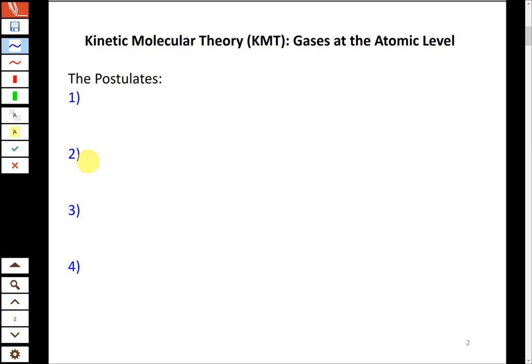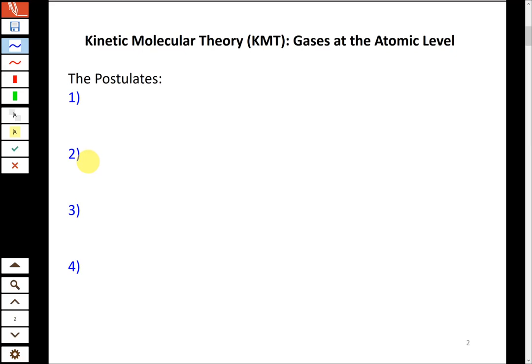So again, that's how science works. You observe things, you formulate a set of behaviors, which are called laws, and then you generate a theory to explain those laws. Now we're doing the exact same thing in chapter 8, but on the topic of gases. What we talked about last time was the ideal gas law, which describes the behavior of any ideal gas in terms of its pressure, volume, number of moles, and temperature. We can use that gas law to make predictions about how the properties of gases will change under different scenarios.